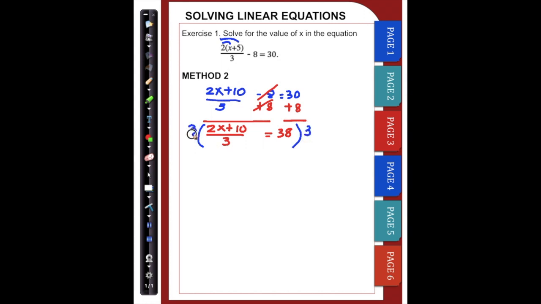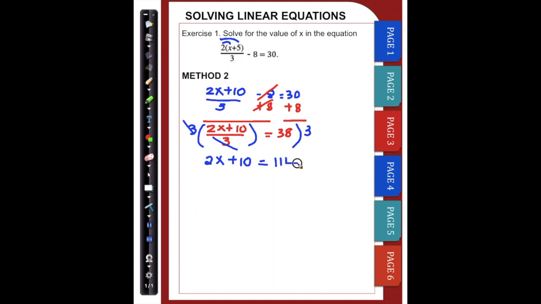Okay, so 3 times 2x plus 10 divided by 3 simply means we can now cancel times 3 and divided by 3. So that will give us 2x plus 10 is equal to 38 times 3, which would give us 114.